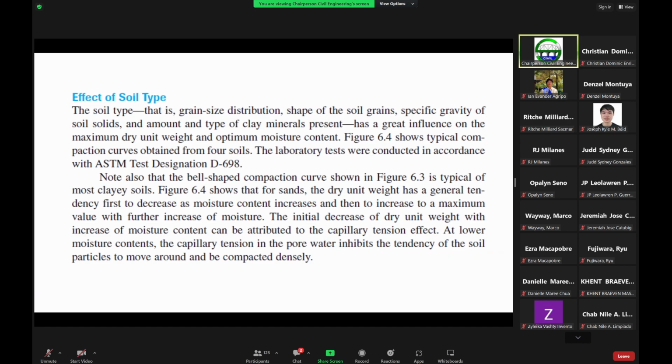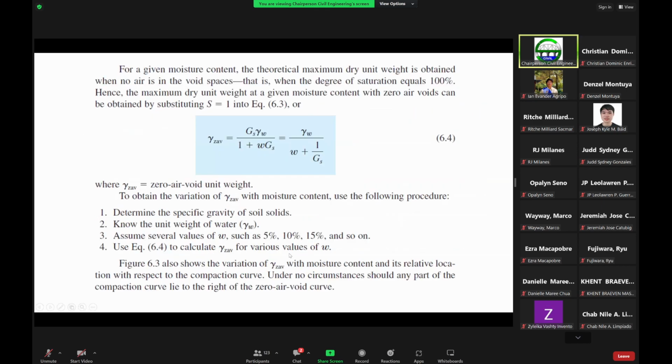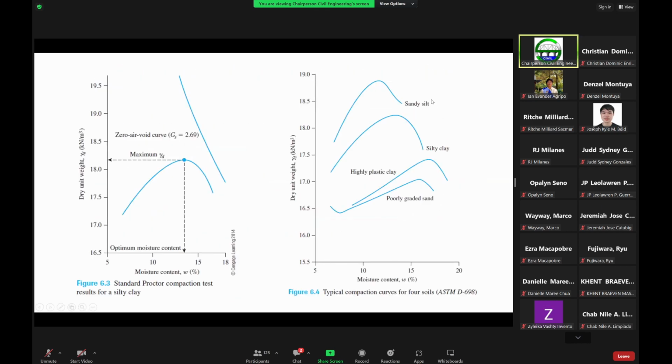I think we have discussed these terms in our previous meetings. Here we have four compaction curves for four different soil types. For example, this one here is for a sandy silt material.